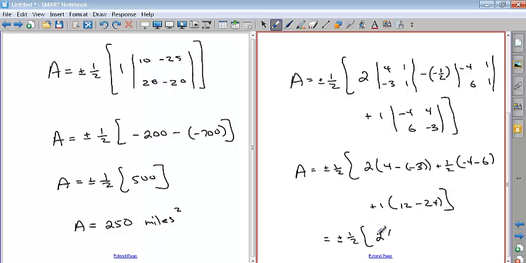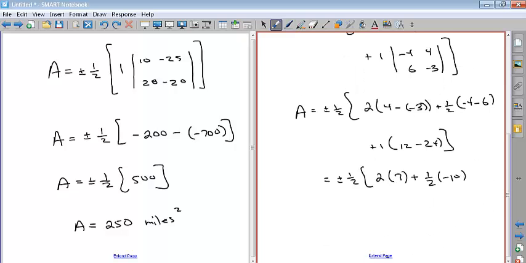So that's 2 times 7 plus 1/2 times negative 10. Plus 1 times negative 12. So that's plus or minus 1/2 times 14 minus 5 minus 12.